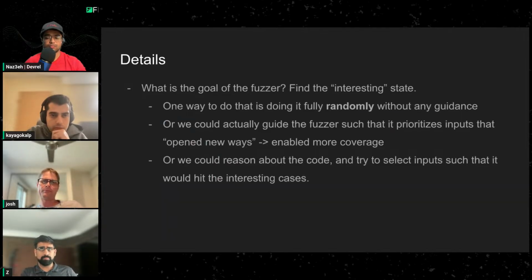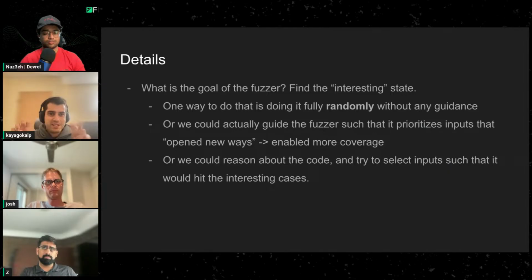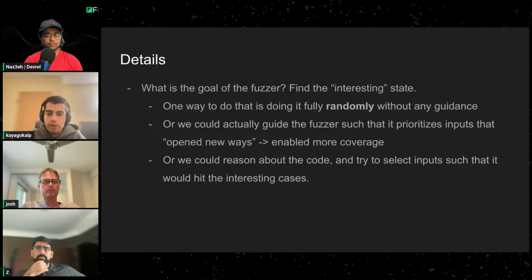So, a little bit of detail about the strategy thing I mentioned a couple of slides back. I want to describe that a little bit. Okay, so before that, let's remember what the goal of the fuzzer is. It was finding the interesting state, right? So one really straightforward way to do that is doing it fully randomly without any guidance.